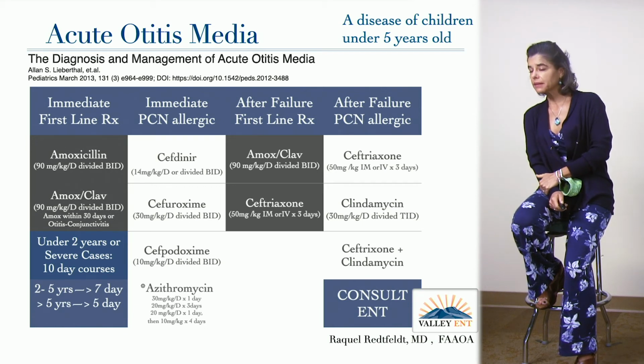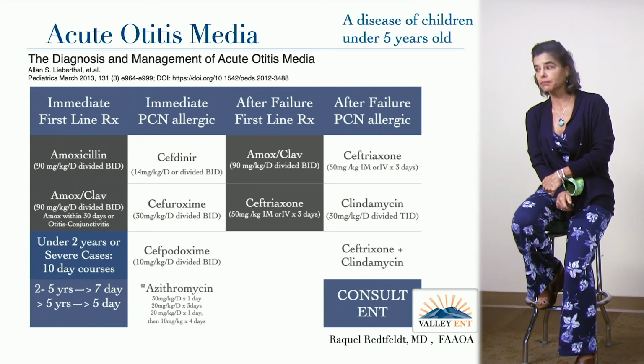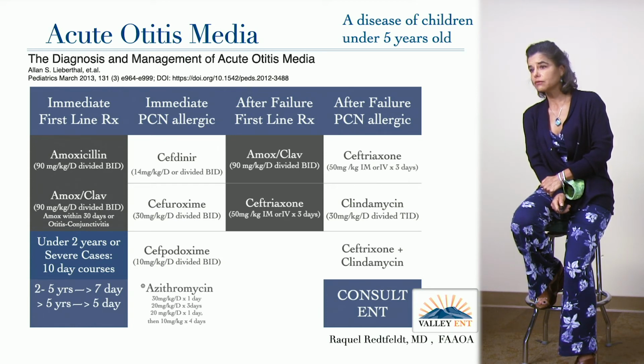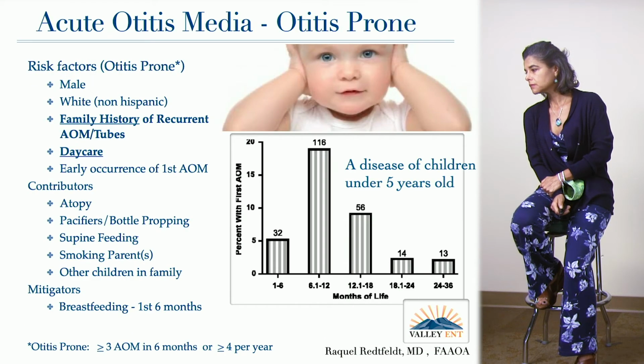I think you're completely safe to do ceftriaxone for the 3 days, see if it works, and then only escalate to ceftriaxone and clinda if you really have continued high fever and pain. And if you're in that after-failure penicillin-allergic zone where you're treating with ceftriaxone, you really should be consulting ENT, even potentially if you're not at the 4-in-a-year mark. So who is otitis prone?